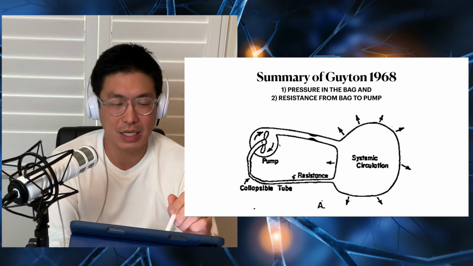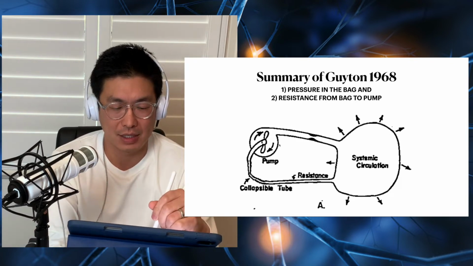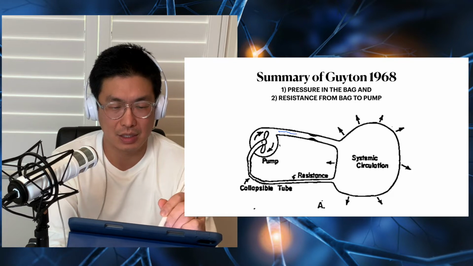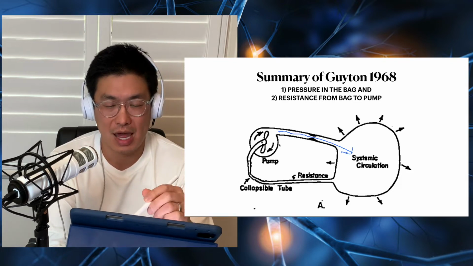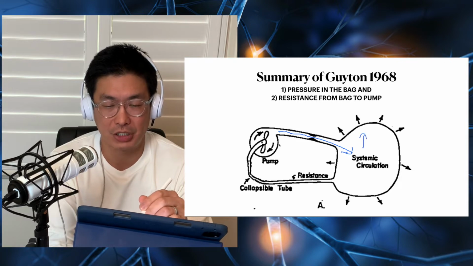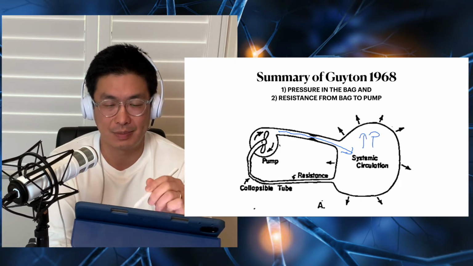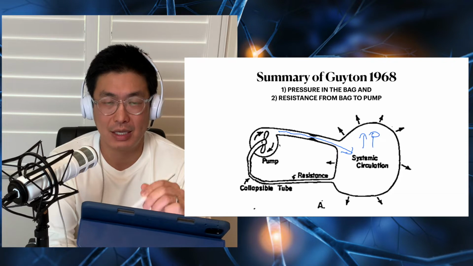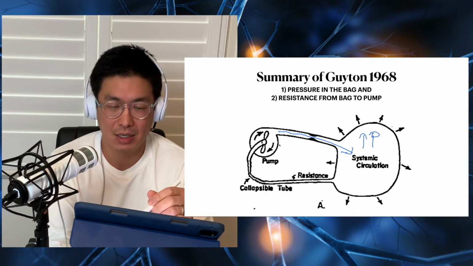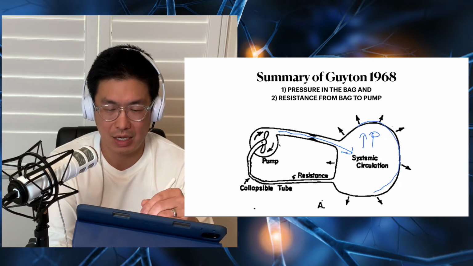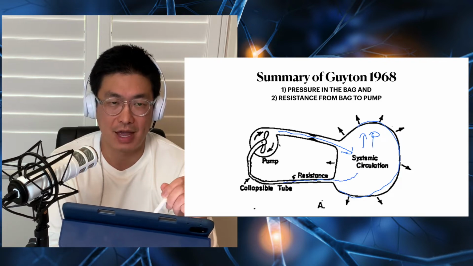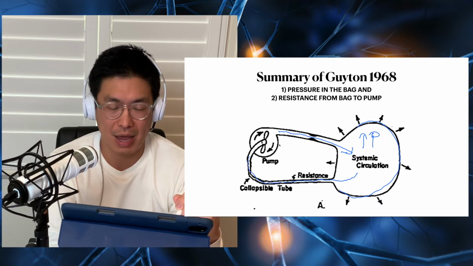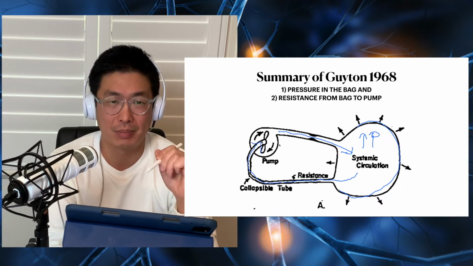Now, the concept here is that flow of blood heads into the systemic circulation, and that builds up the pressure inside this bag here. And it is the pressure in this bag, right, in this bag here, which then pushes the blood back through the veins and back into the pump.